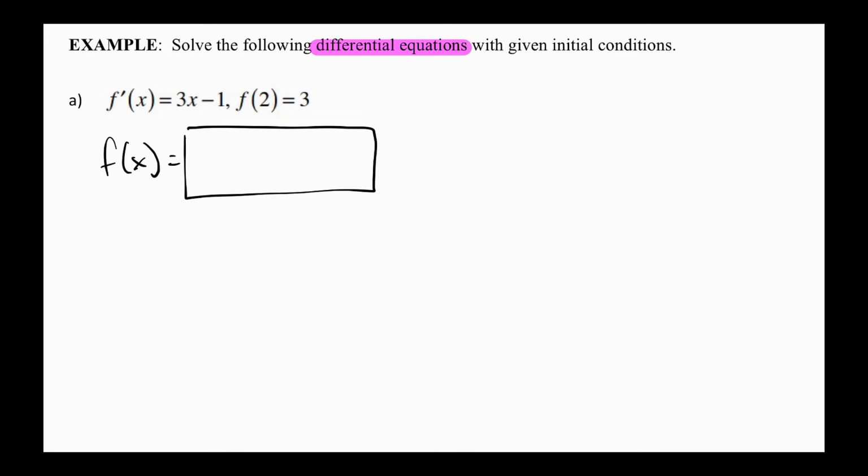They're saying, we know that you're going to put a plus c, but here are some conditions that will give you, so you'll be able to specify it. Well, we always start with our derivative, right? So how do I go from a derivative to an original? What are the steps I need to do to go from the derivative to the original?